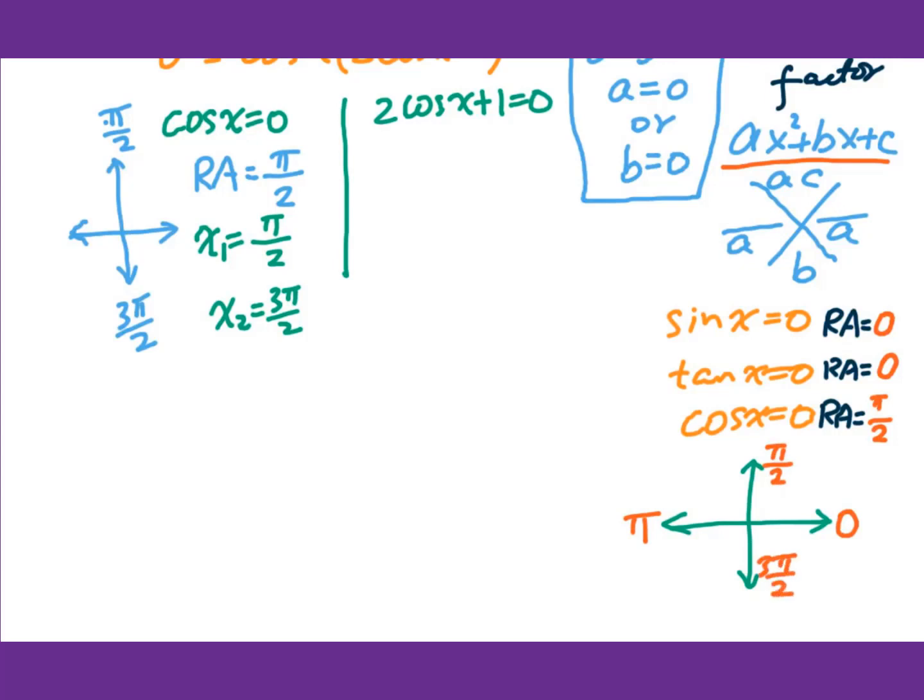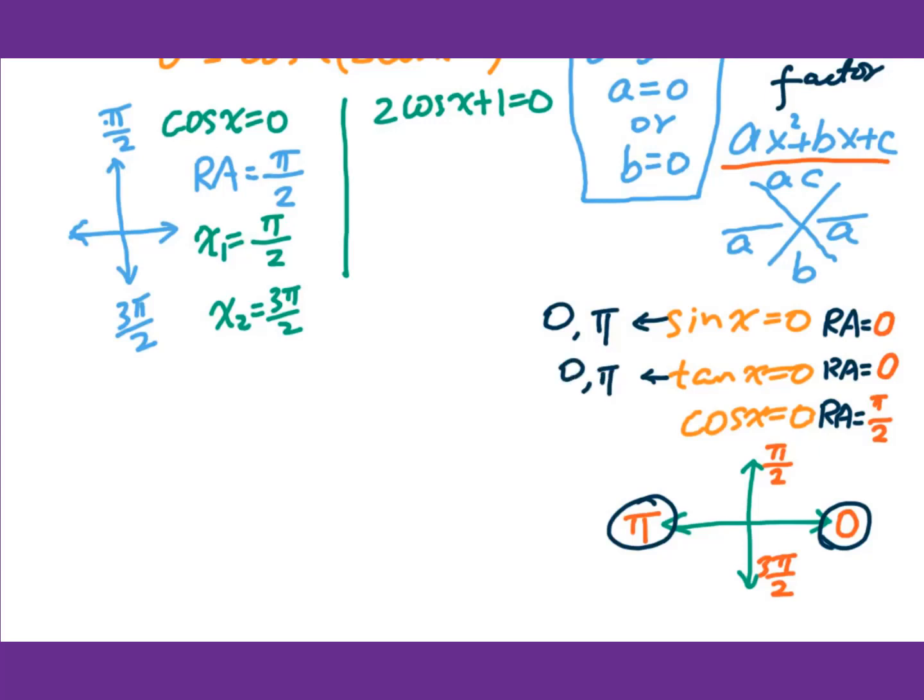For sine x equal to 0, we have the reference angle equal to 0, then pi is also a solution. Therefore, we have the 0 and pi solutions. Same for tangent x, it's 0 and pi.